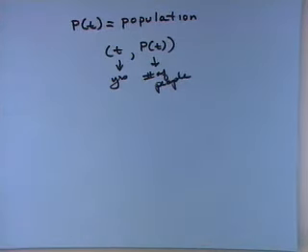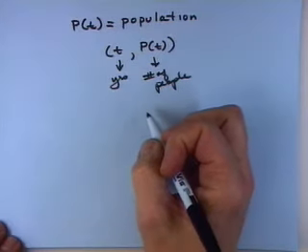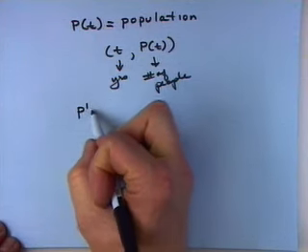So if that's our ordered pair, and we have this population function, we want an instantaneous rate of change of population.